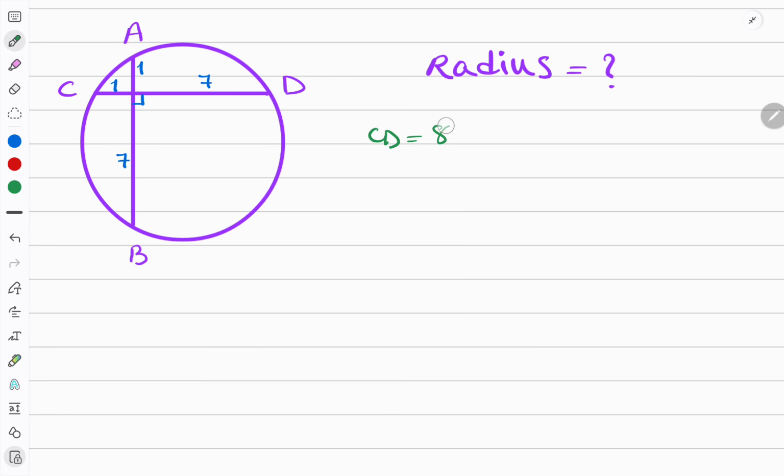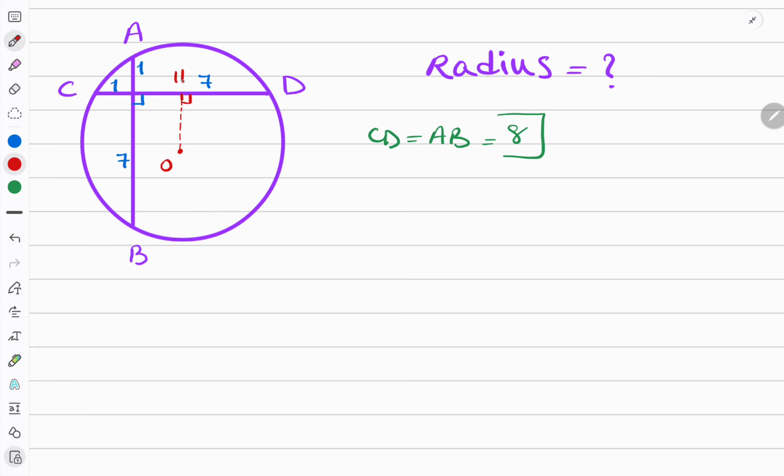So CD equals AB, which are 8. And now, this is the center of this circle. Let's call this O, and I'm going to draw a perpendicular line to the chord CD. And we know that the perpendicular line from the center of a circle to a chord bisects the chord.